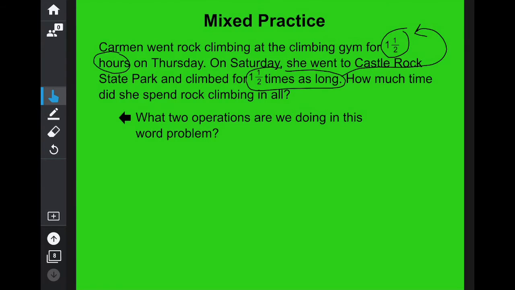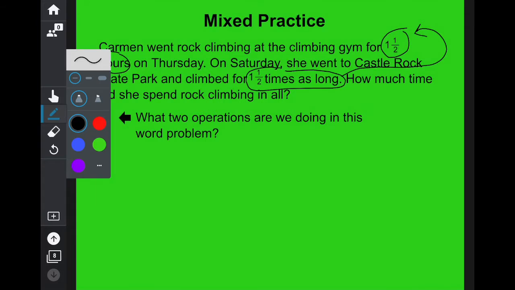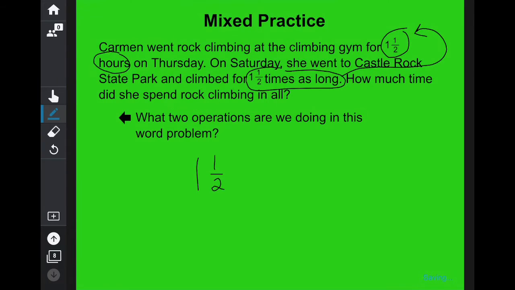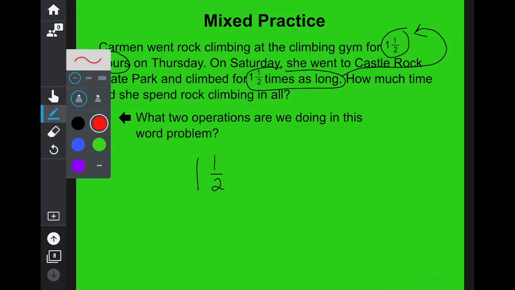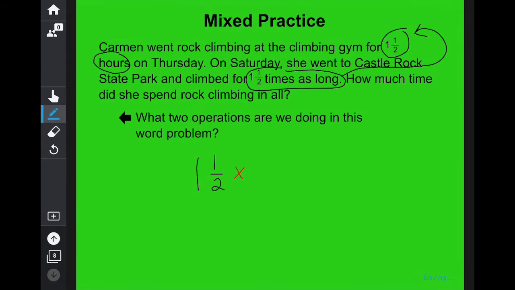Well, first, we found out she climbed for 1.5 hours. So let's go ahead and write that down. So 1.5 hours. And then she climbed for 1.5 times that amount. So I'm going to multiply by 1.5. This is going to give us how much time she climbed at the state park.